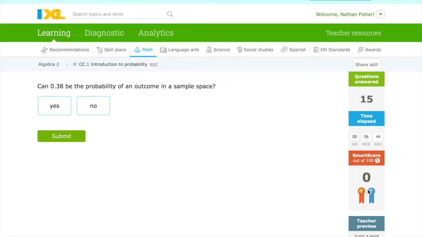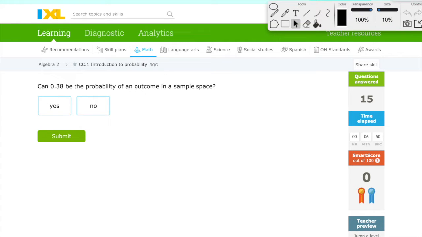Can 0.38 be the probability of an outcome in a sample space? There's a lot of specific math jargon being thrown at you. Basically what this is asking is, is this number, 0.38, allowed to be used for probability. So probability needs to fall between 0 and 1.